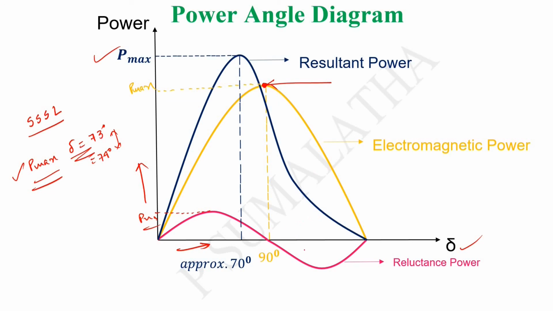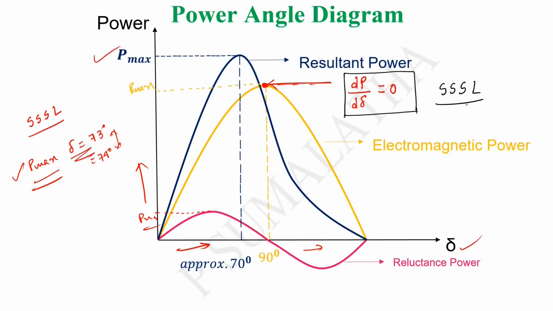After that, as del increases, the power decreases. So the change in the power with respect to the change in the load angle will be equal to 0. This is the basic condition to get the steady state stability limit.